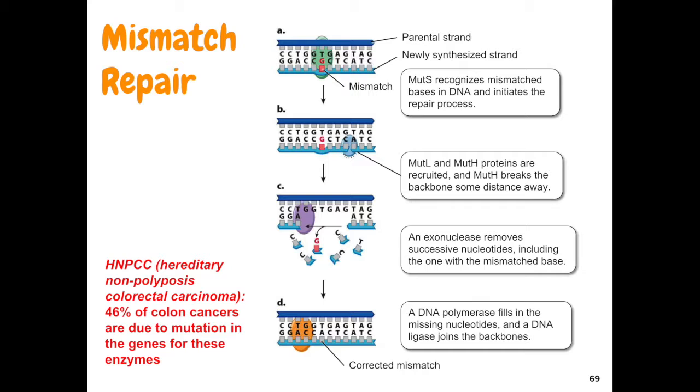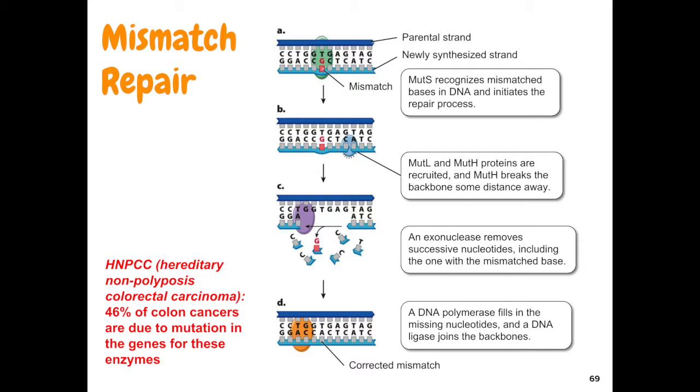There's a high percentage of individuals who are heterozygous for the genes coding for the mismatch repair enzymes. If an individual is heterozygous, that means they have one mutant copy of the gene and one normal copy of the gene. So they're fine most of the time because they still have a working copy of the mismatch repair enzymes.